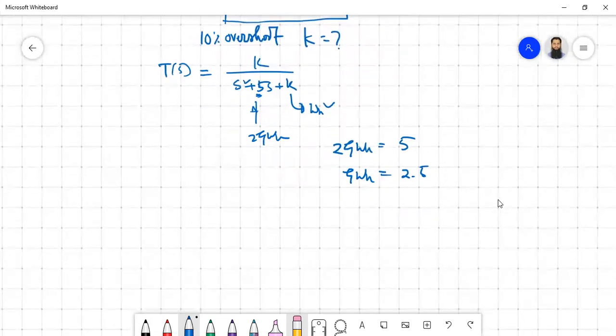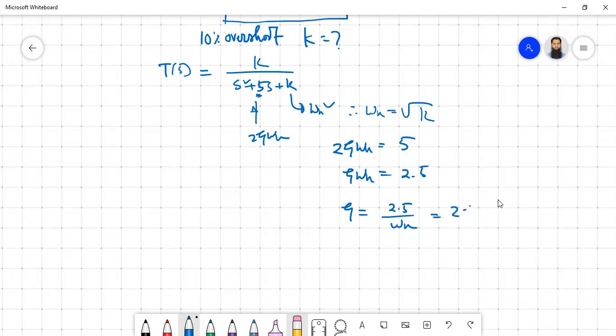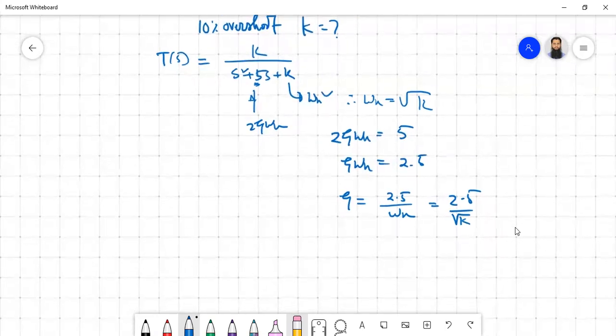So zeta is basically 2.5 by omega n. Here omega n is root over k. So 2.5 by root over k is your zeta.